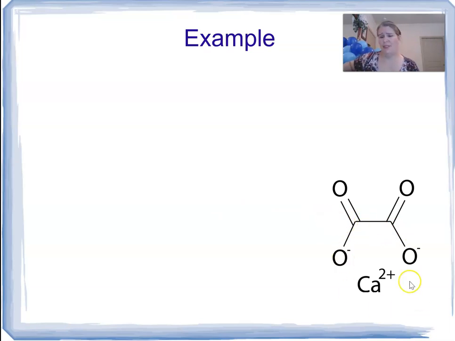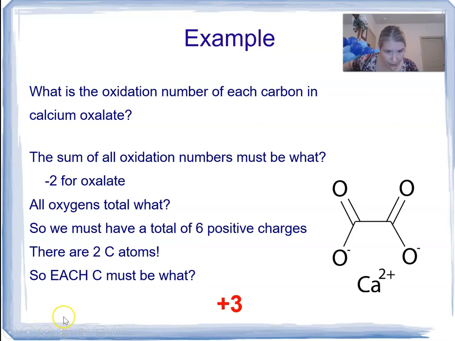So instead of dealing with all of this, I'm just going to deal with the oxalate. And if I just deal with the oxalate, the sum has to be -2. All of the oxygens, -2, -4, -6, -8. So in order to get a total of -2, I've got to have 6 positive charges spread out across the 2 carbons. So each carbon is +3.